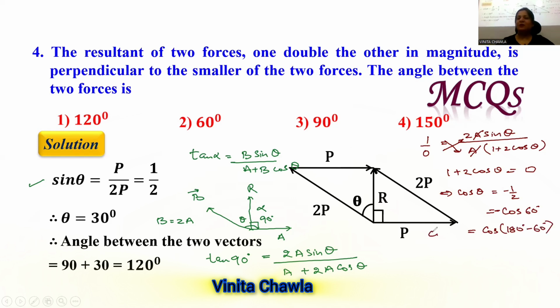So cos theta is equal to cos 180 minus 60 degree. This implies cos theta is equal to cos 120 degree, and therefore theta is equal to 120 degree. So this is another way of finding the angle.